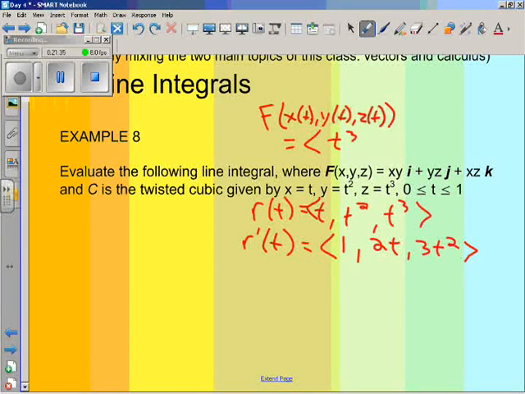We're going to have t cubed. And then the jth component is going to be y times z, which is t squared times t cubed. That means t to the fifth. And then the kth component is going to be x times z, which is t times t cubed. So that's going to be t to the fourth.